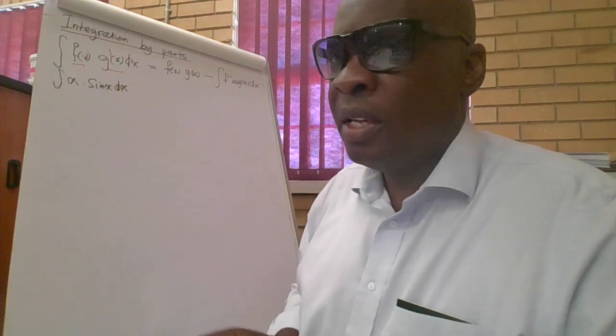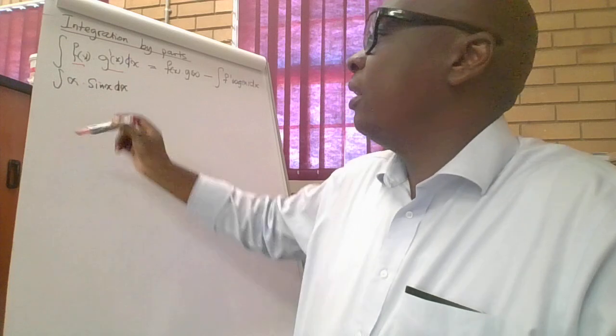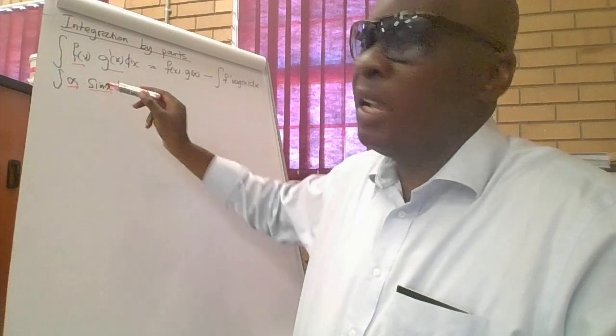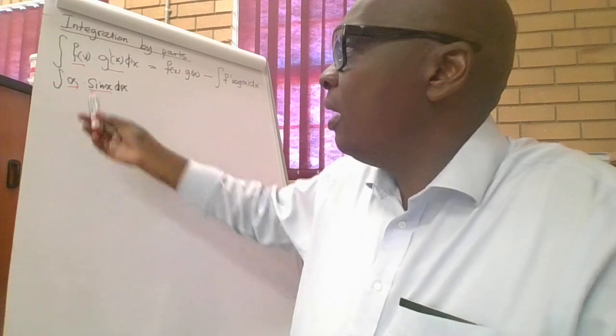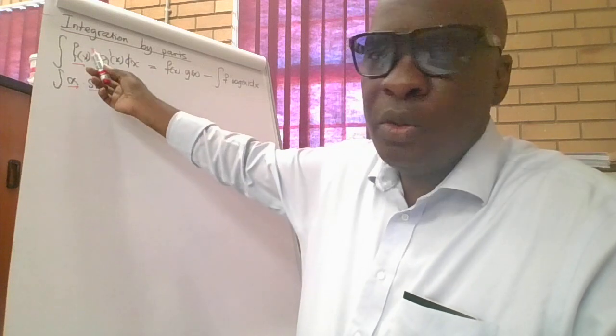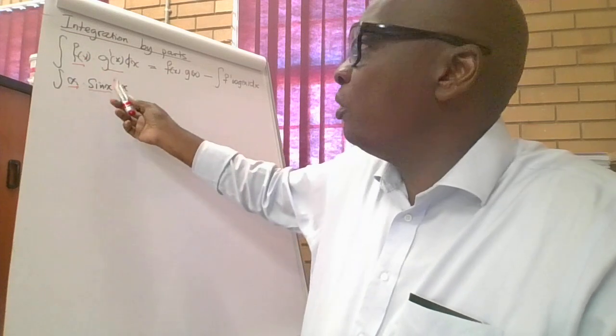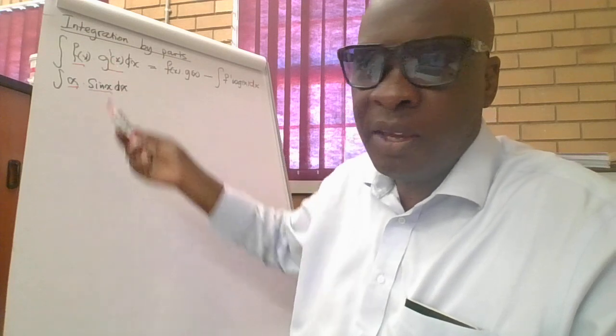So that's a product of x and sine x. Between x and sine x, we must know which one is going to be your f of x and which one is going to be your g prime of x.